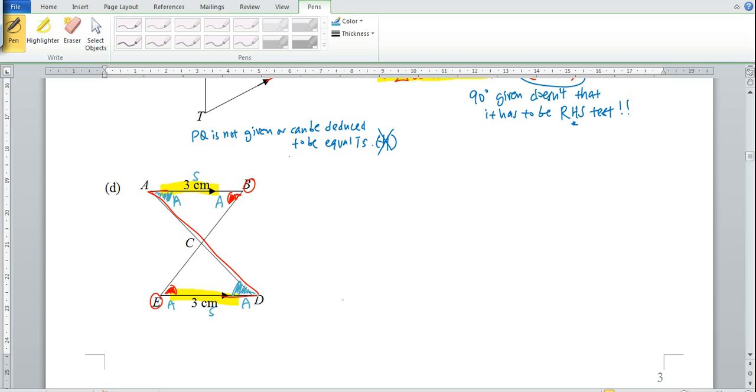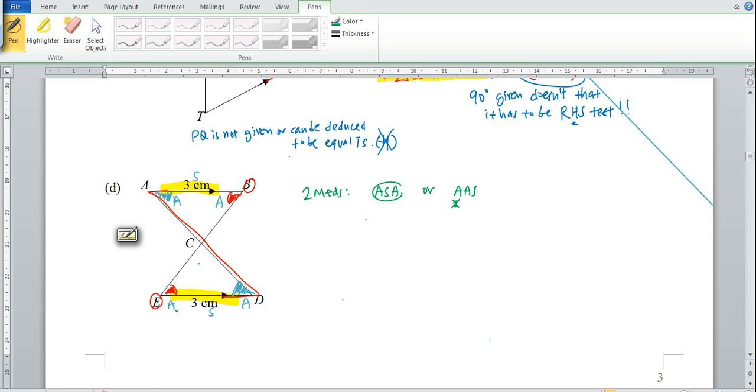Now there can be another alternative, because some of you may be thinking of using the vertically opposite angle, and then you can use AAS as well. So there are 2 methods. It's either you are using an ASA or you're using an AAS with a vertically opposite angle. Anyway, I will be choosing the ASA to explain why, but both of them are possible.